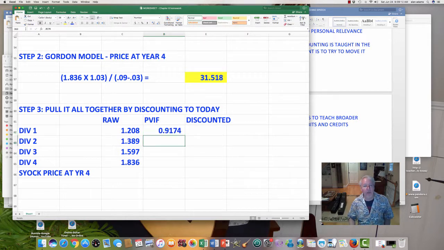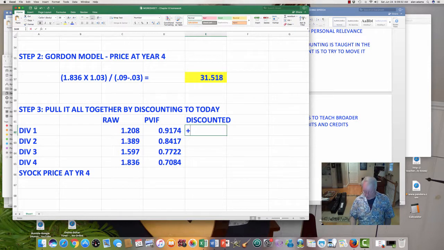And if I did this right, you'll get the numbers .9174, .8417, .7722, I'll have to fix those after, and 0.7084. I believe those numbers are all correct. I'll double check them for you after.